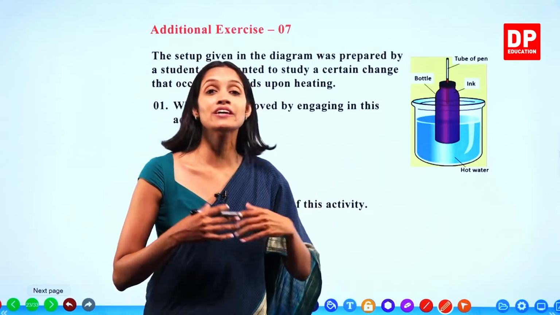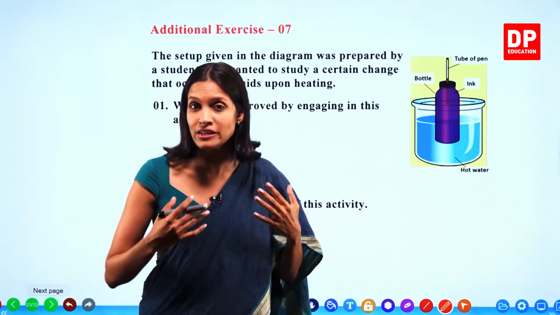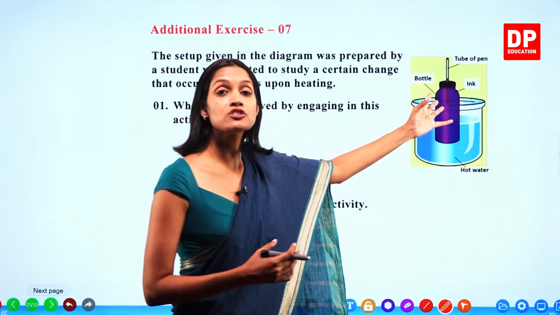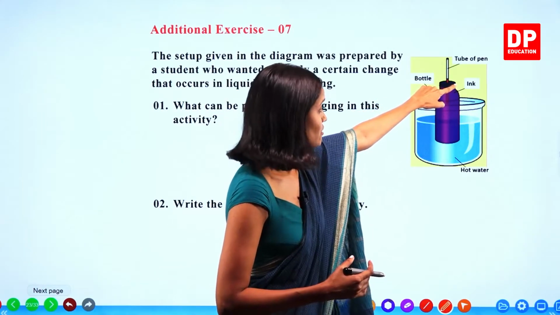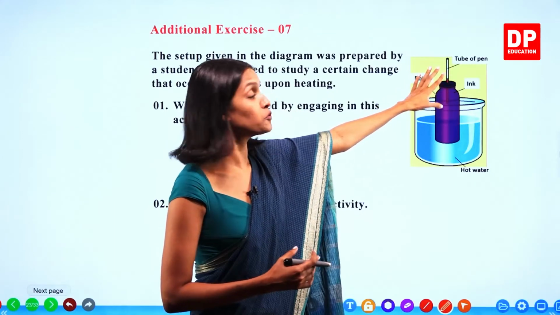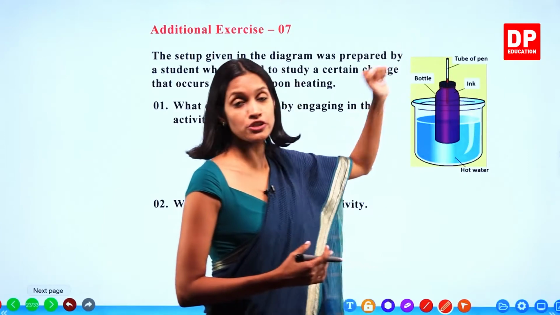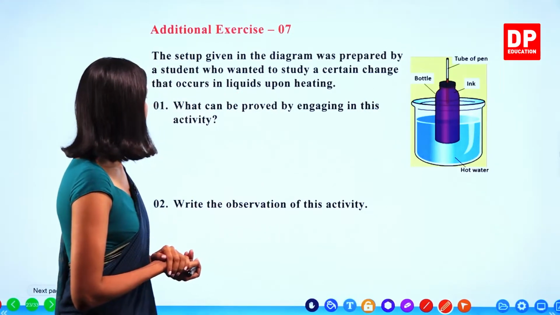The colored water expands. So expansion of liquids means the liquid volume increases, right? When the volume increases, there's no space inside the bottle because the bottle is filled up to the mouth. Therefore, the increased volume goes up through the empty pen tube. Okay? We'll go through these things.